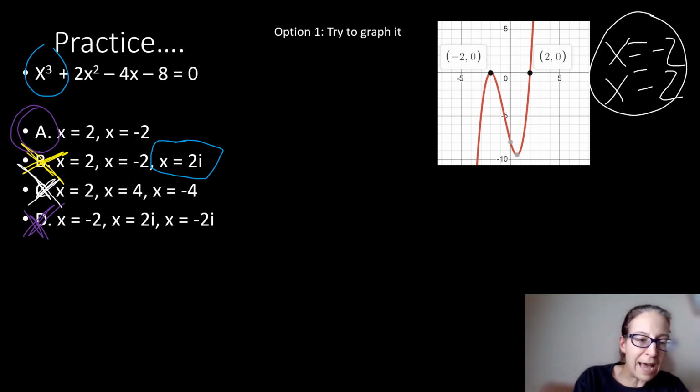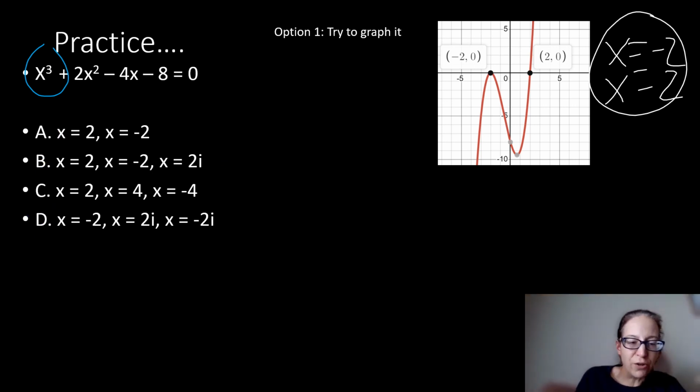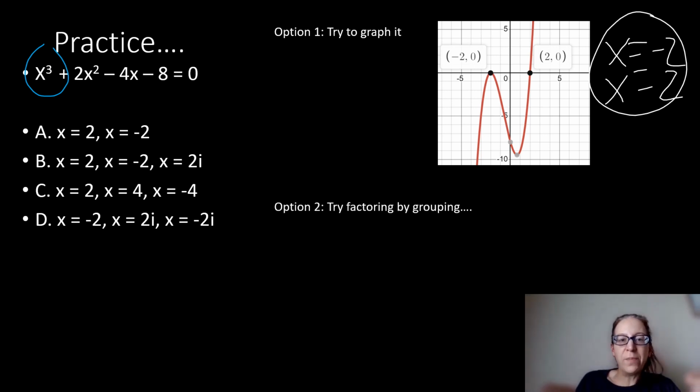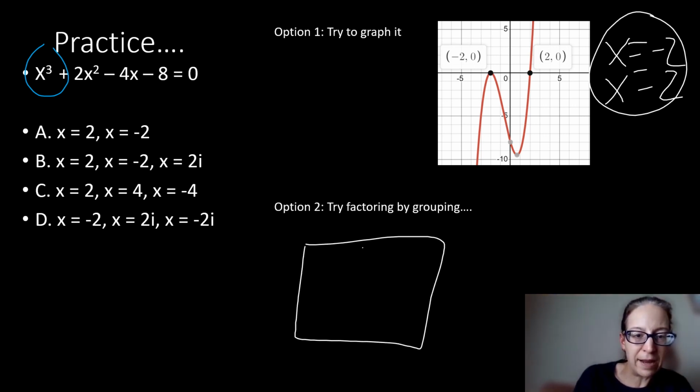Now I want to look at another strategy for this, just so you can see other ways to tackle it. So the other option is to try some factoring by grouping. Okay. And so we've got the x to the third, 2x squared, negative 4x, and negative 8.